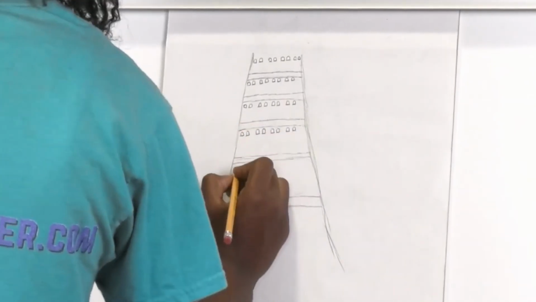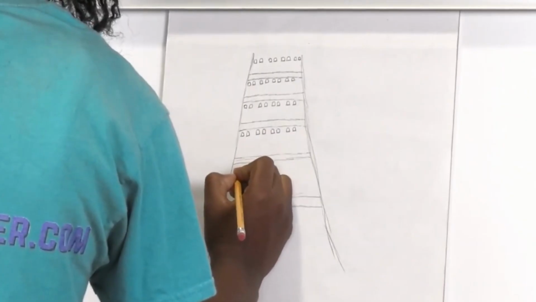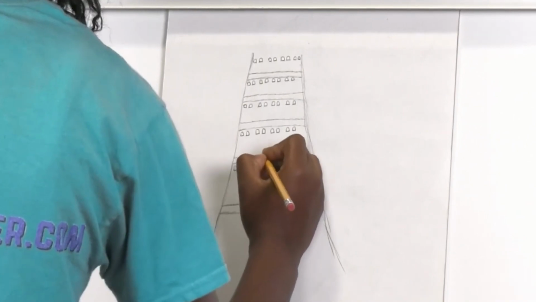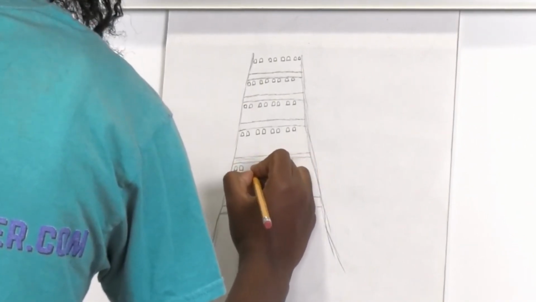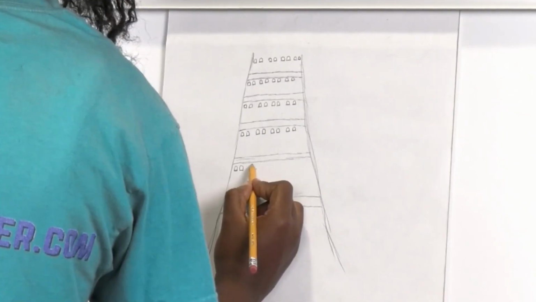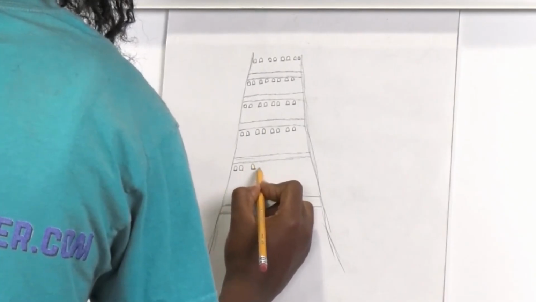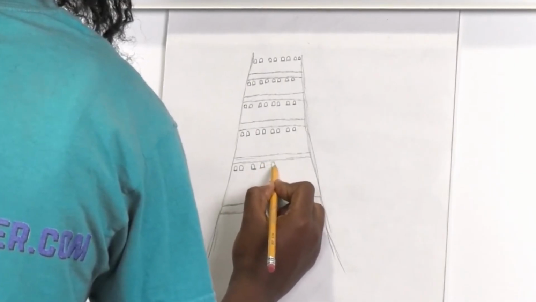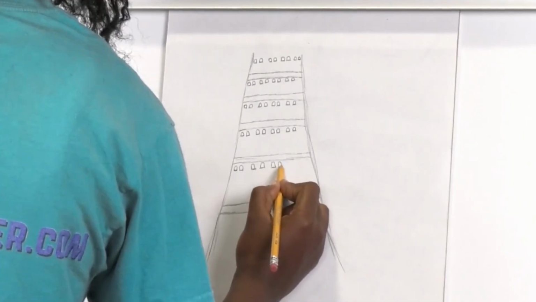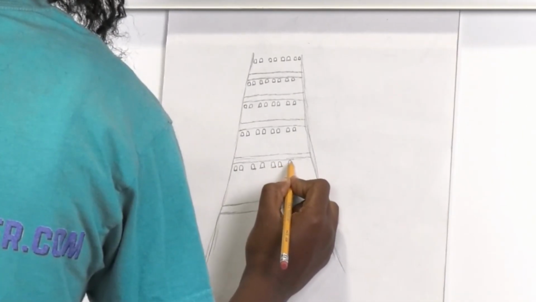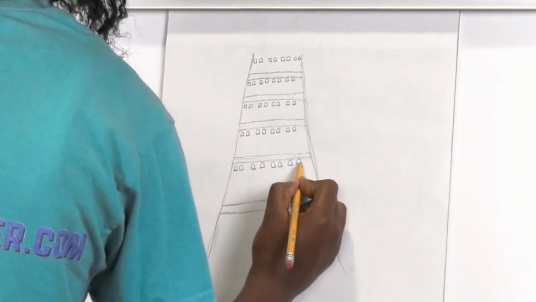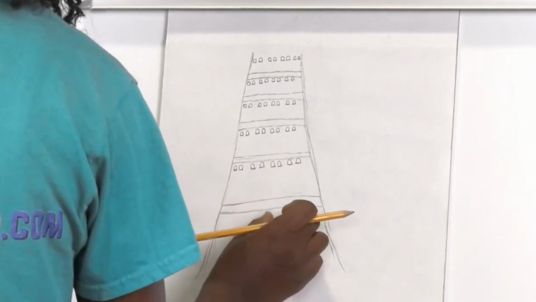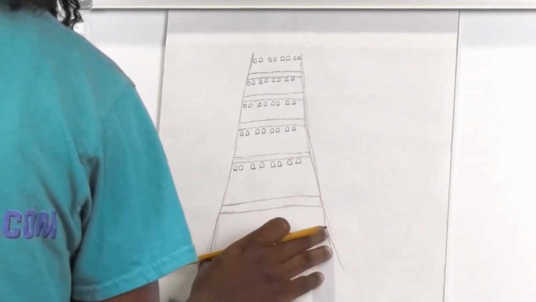Four, 6, 8. Okay, now the last ones, we're going to do 2 for about 6 of them on this one, just because the space is going to be wider.